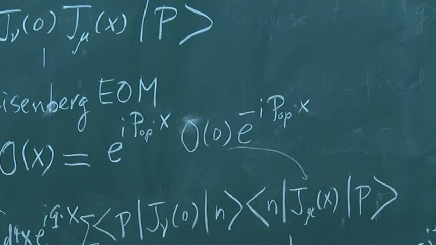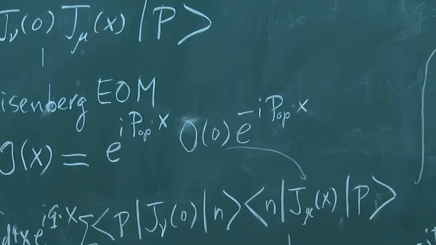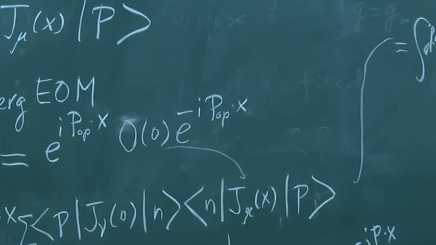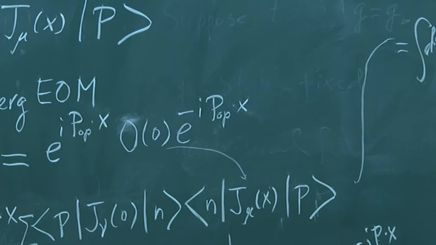So now these are all numbers. So this integral just becomes d^4x e^{iq·x}, and then I get two extra factors here. Yeah, there's a minus sign here.